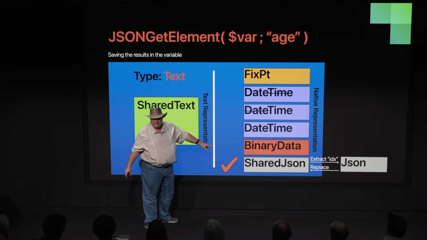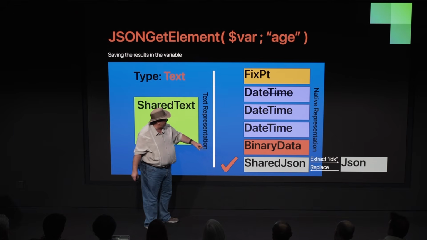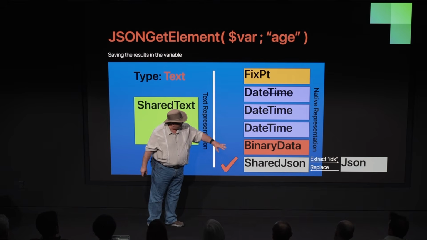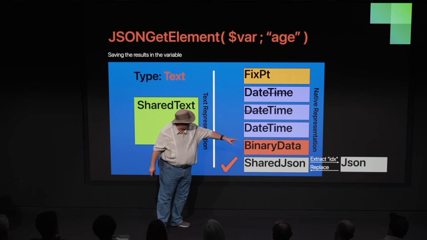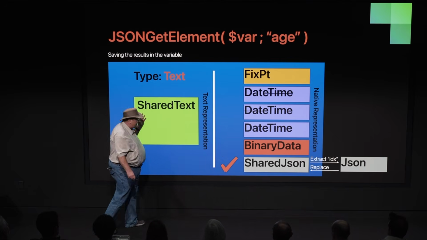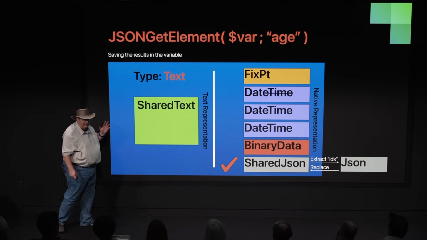Since it's a shared JSON object, it doesn't actually have to allocate any memory or anything like that for it. It just bumps the ref count pointing to that one. You extract out, actually I should have said age, not index down there, and then it replaces this, updates that. There was no text to clear because the text wasn't valid at all.